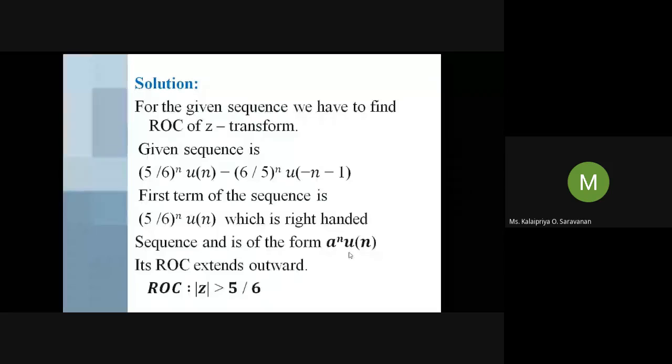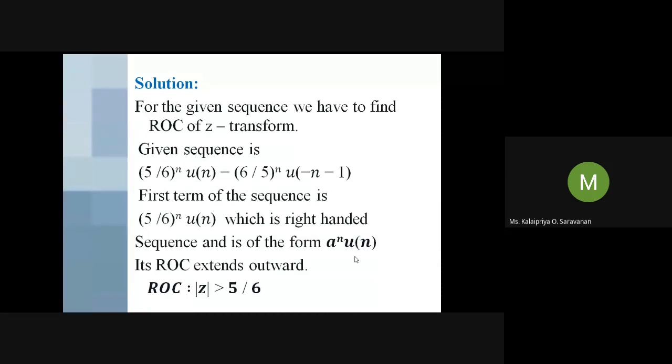If you have any signal like a^n u[n], and you want to take the Z transform of this kind of signal, then the Z transform is nothing but z/(z-a). Just now we did it. So the Z transform of a^n u[n] will give you z/(z-a).